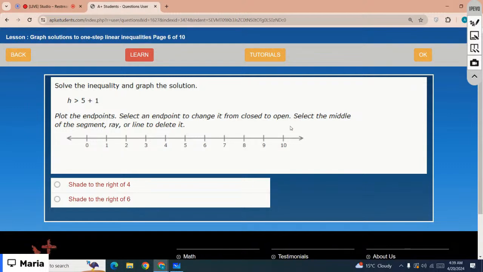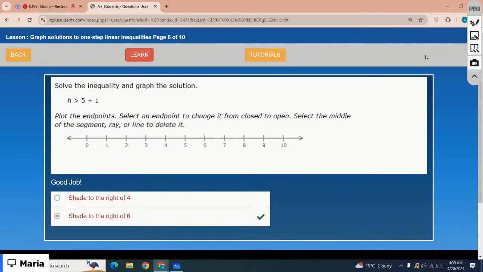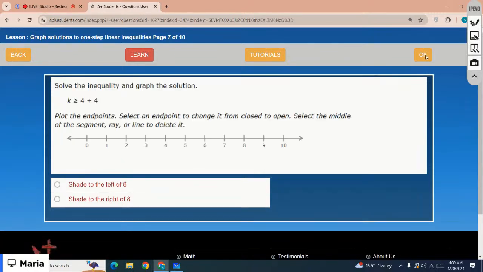Got it? Solve the inequality and graph the solution.